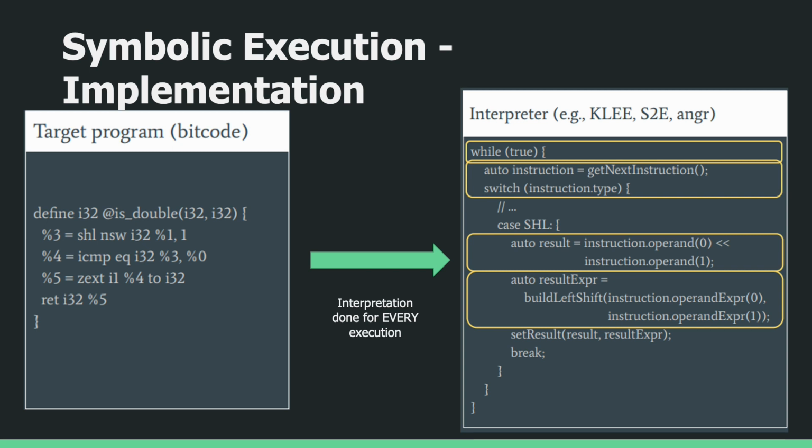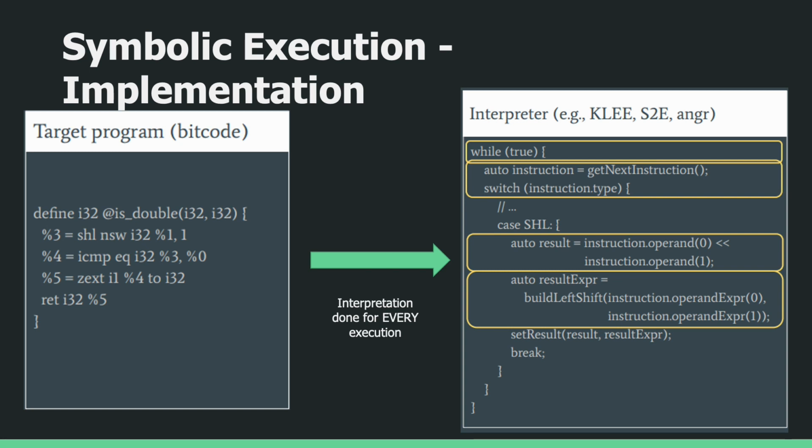This is just LLVM IR. So now that we have an isDouble function which takes two arguments, what we do is that we have a simple loop in the interpreter which gets the instruction, which determines what kind of instruction we are trying to execute.